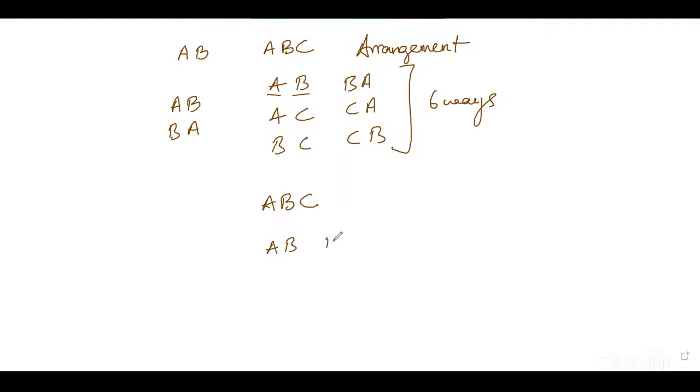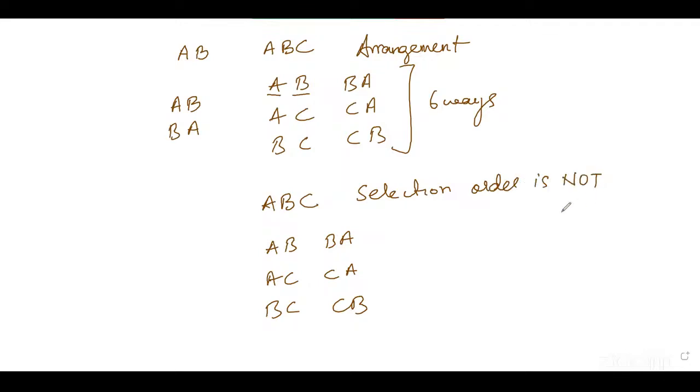The BA does not matter. AC, CA does not matter. BC, CB doesn't matter. Why? Because in selection, order is not important, whereas in arrangement, the order is important.